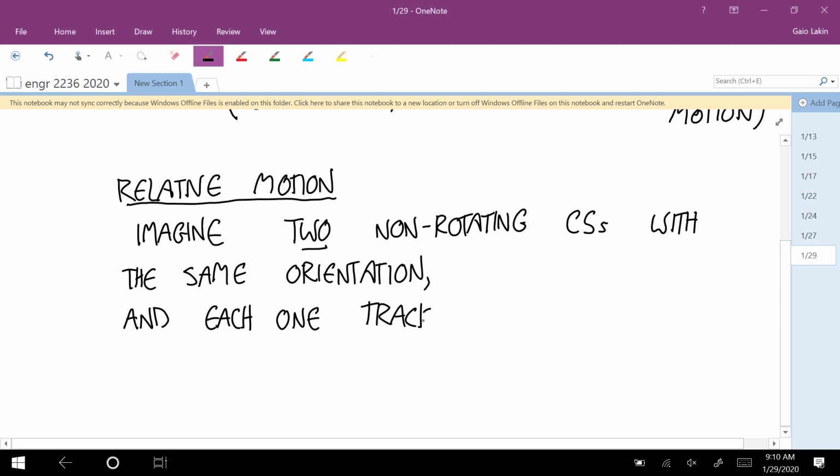When you say tracking, you mean the camera is moving along with the object? No, it's just keeping track of the location. Each one is, okay, let me change that. Each one is measuring the location. Okay.